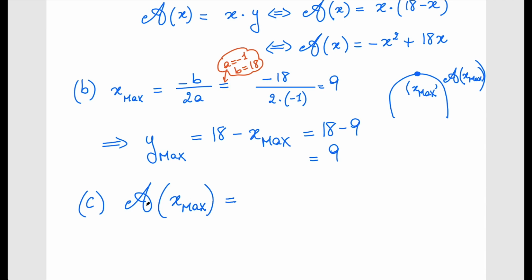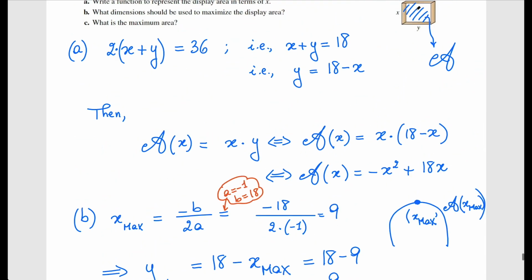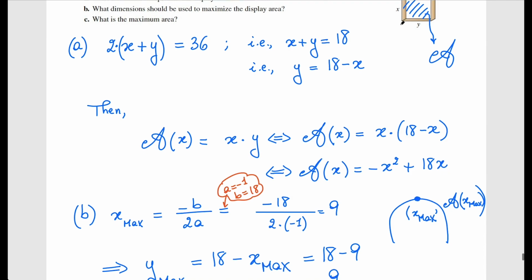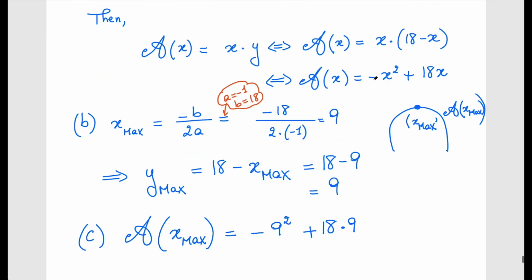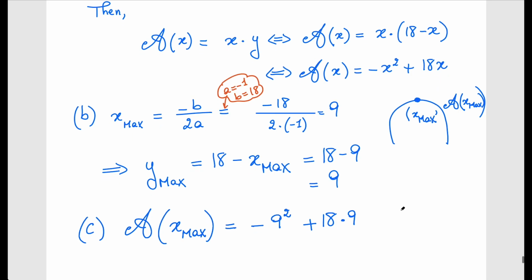So what is that? Well, replace x by 9, we get minus 9 squared plus 18 times 9, right? So one more time, the largest area that that frame can get is when x is 9, right? So when x is 9, I'm going to have minus 9 squared plus 18 times 9.